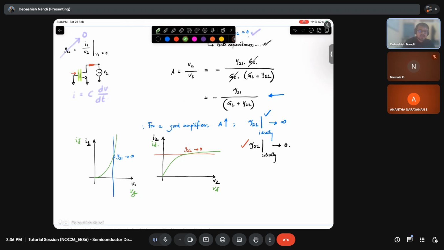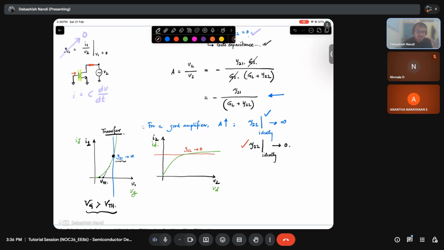on top of this, the MOSFET characteristics, what are the regions we should bias my amplifier to? I should bias my amplifier to a region where I have the higher slope in the transfer characteristics. And for that, what do I need? My VG should be greater than VTH, the threshold voltage, right? Let's say somewhere here is your threshold voltage.